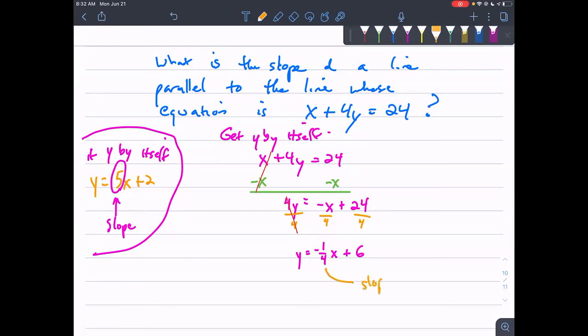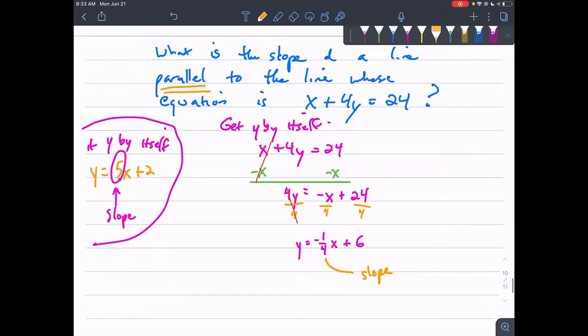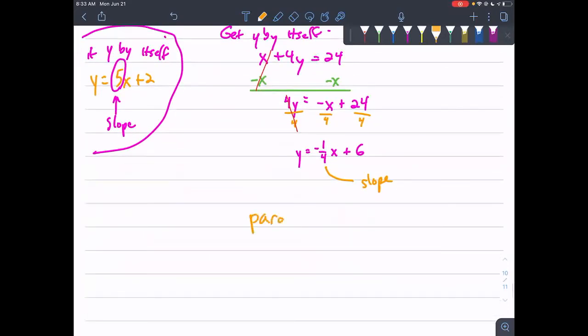This is the slope. If it says parallel, we're using the same slope. If it says perpendicular, we change the sign and flip it. So here they're asking for parallel. Parallel is the same. So -1/4.